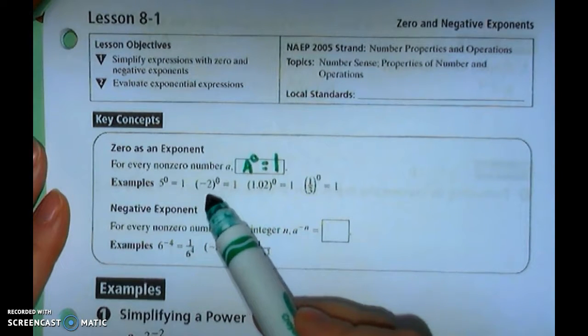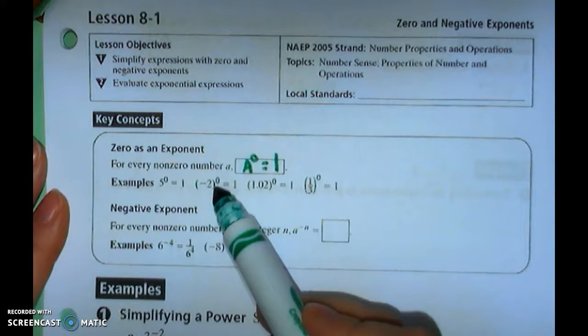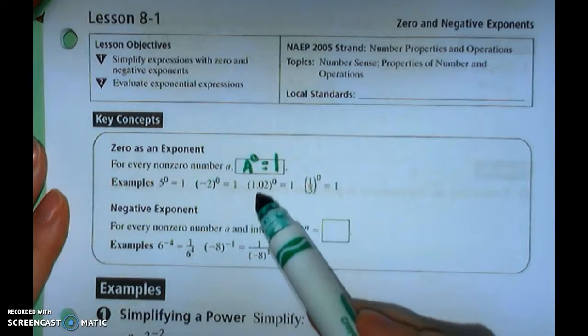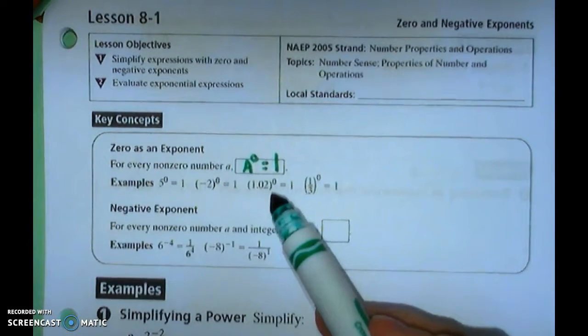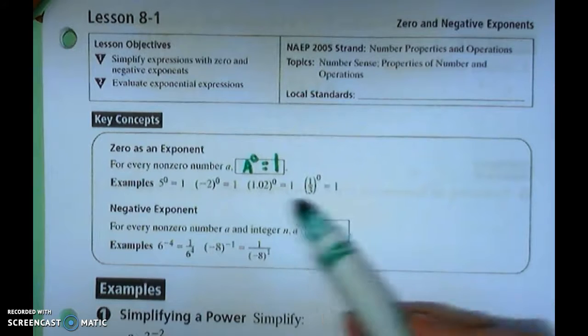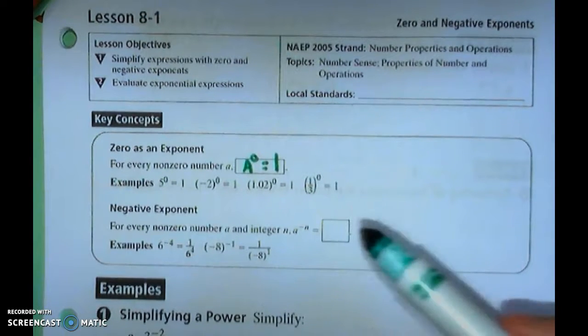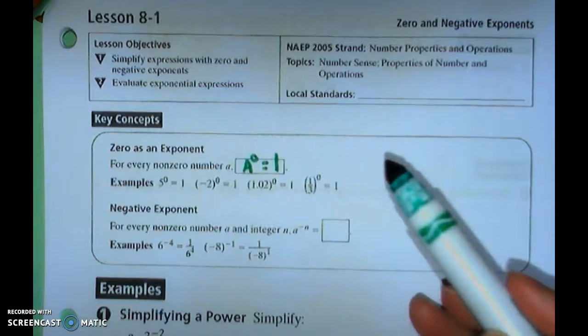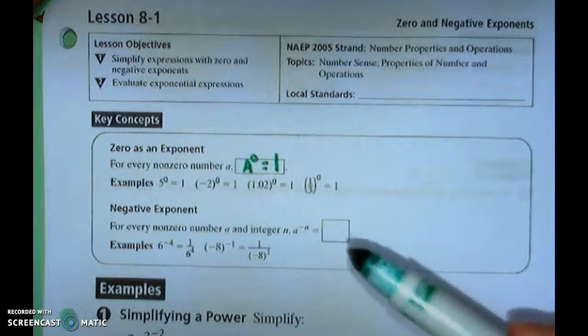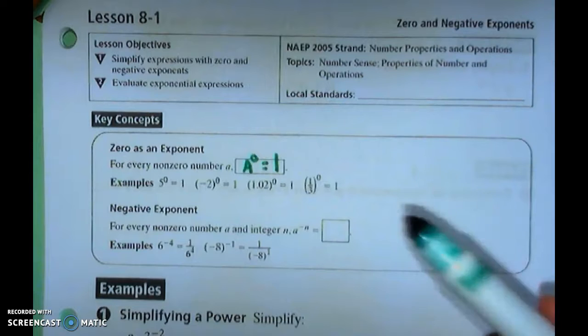Negative 2 to the 0 is 1. 1.02 to the power of 0 is 1. 1/3 to the power of 0 is 1. Any non-zero number taken to the 0 power is 1.